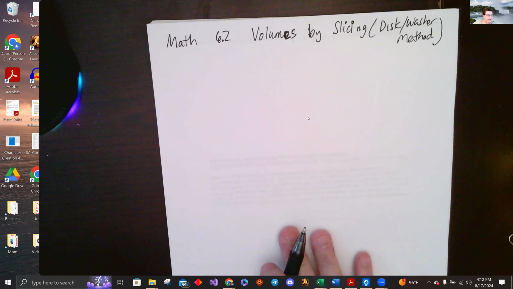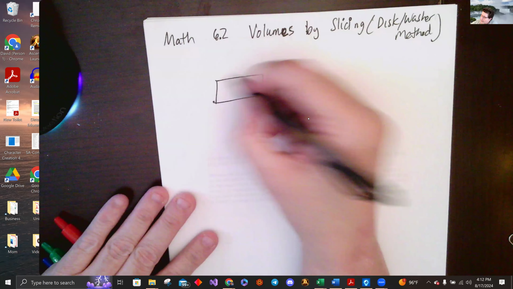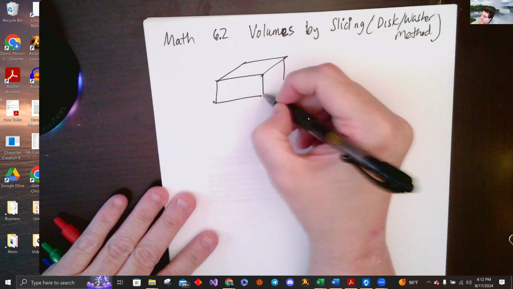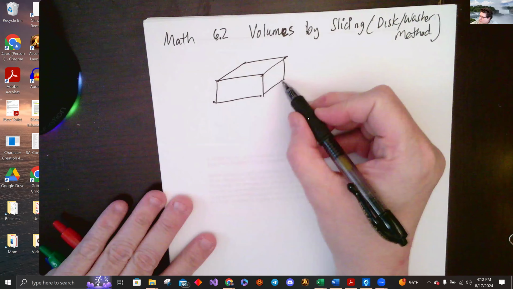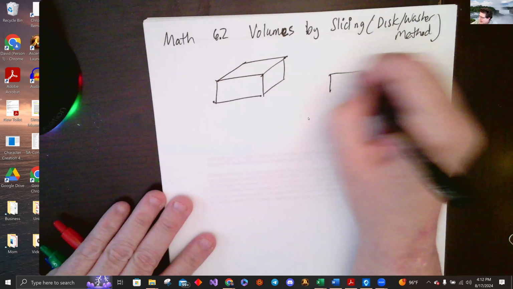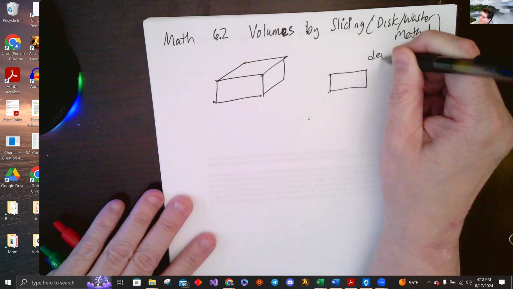So to motivate this as volume, let's just say we had a cube, not a cube, a box. And rather than looking at a side angle, I'm just going to look at it like this, and we have depth going into the page.